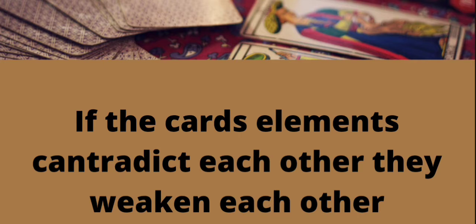So if you pull an earth card along with an air card, they contradict each other. If you pull a fire card along with a water card, they contradict each other. And in that case, they weaken each other.